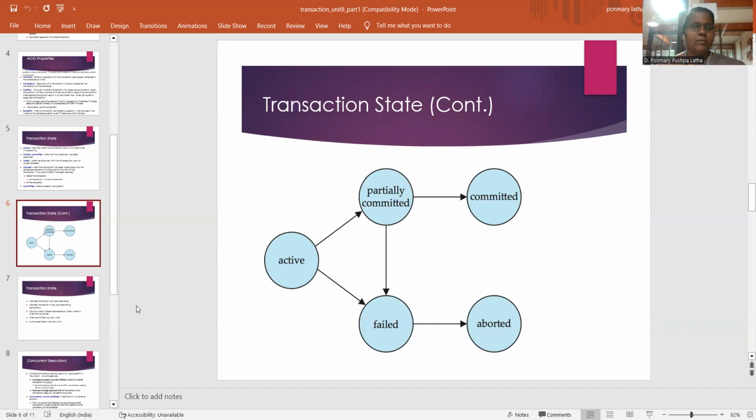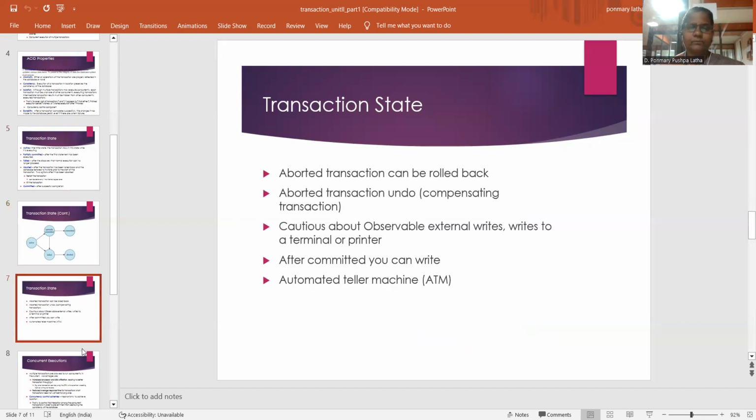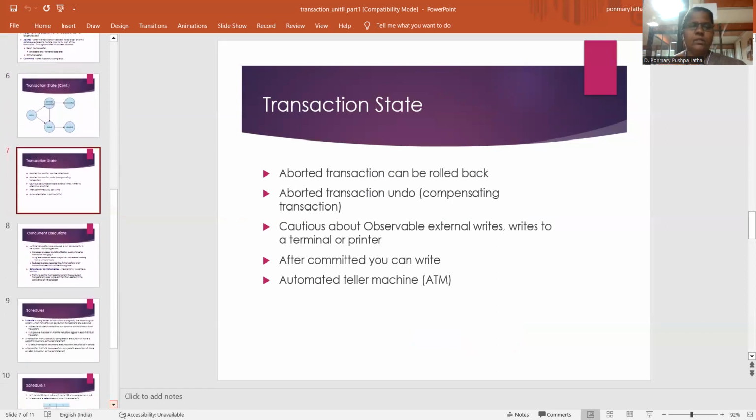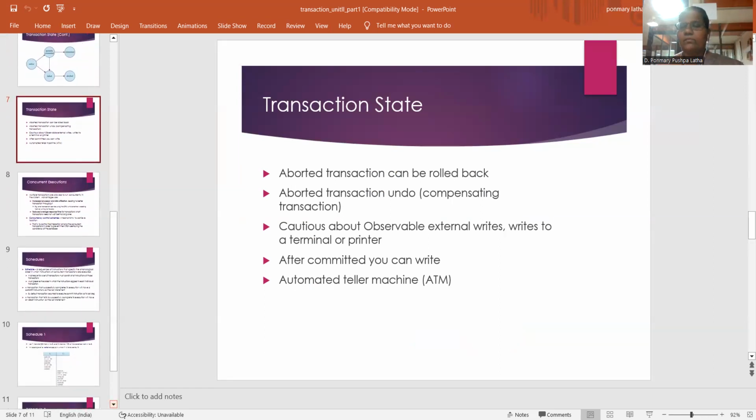That is an aborted state. Okay, so you can roll back the things. If you want to correct the things, you can undo the things. Okay, you can roll back the things.